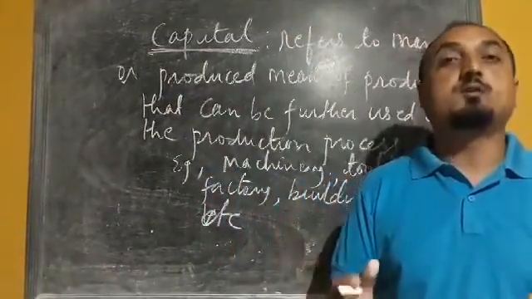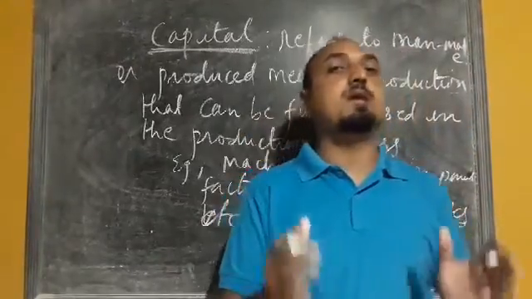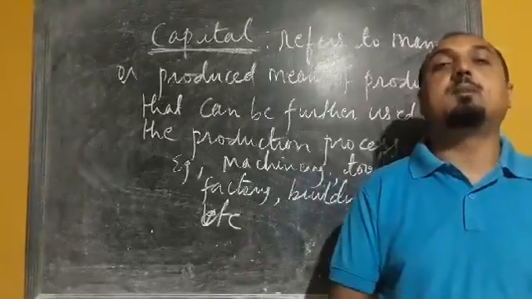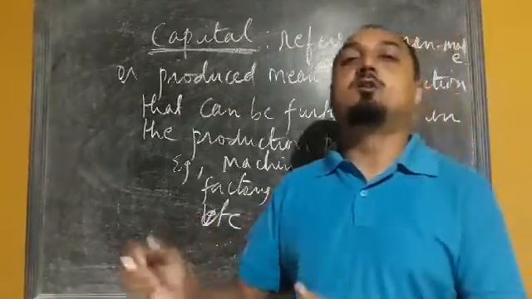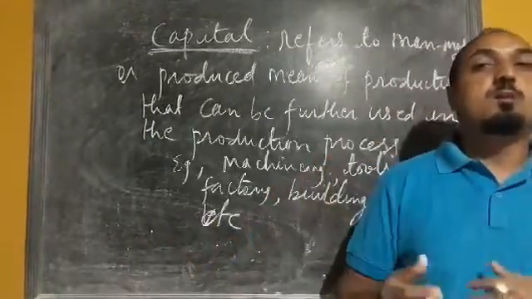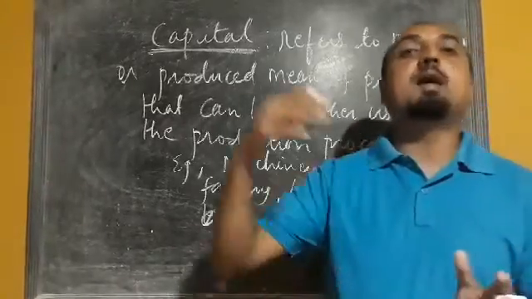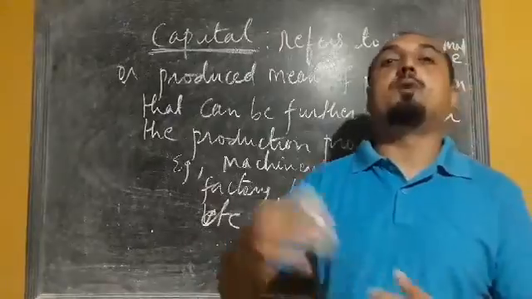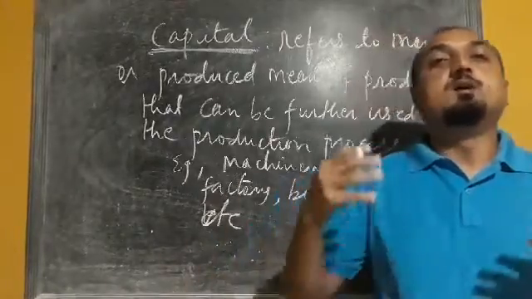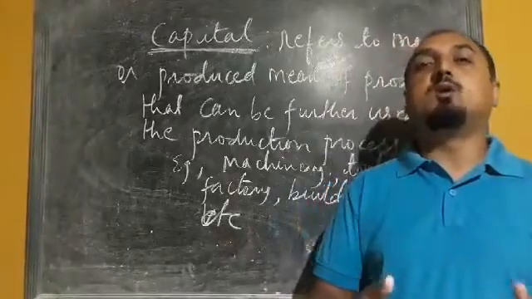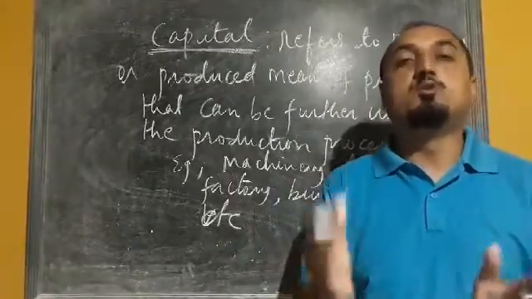Now here you have to understand, some of the capital has long durability, whereas some has very short durability. Long durability capital includes different types of machinery that can be used for 5 years, 10 years, but some machines can be used for only maybe 1 month or 2 months.